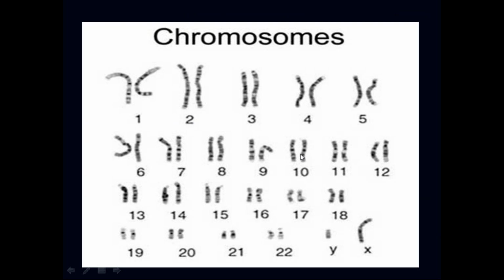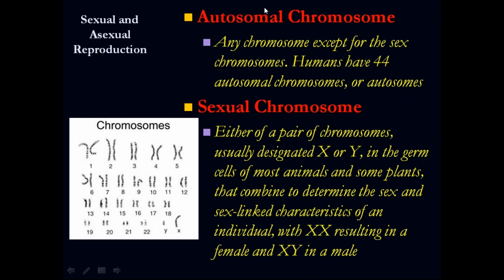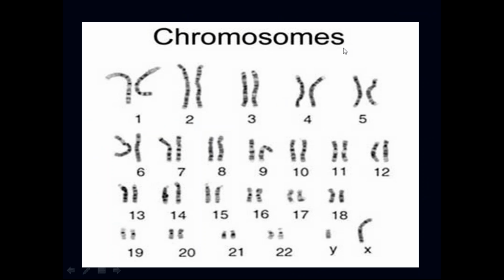Fine. Okay, so here we have the autosomal and the sexual chromosomes. Autosomal are going to be 1, 2, 3, 4, up to 22. So all these are autosomal chromosomes.